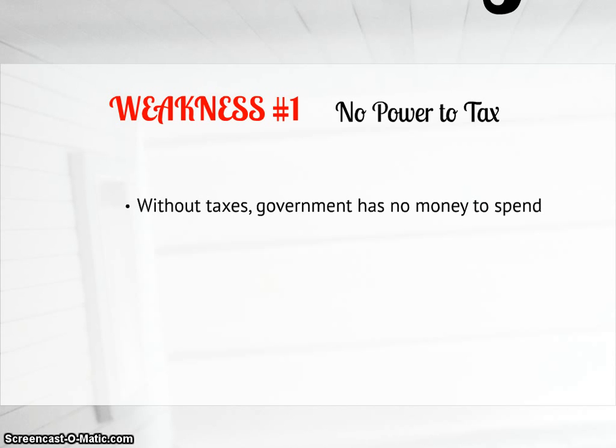The national government could not force the states, though, to hand over that money. So this was a key weakness, as without money, the national government can't spend money. So if they can't tax to get the money, they can't spend the money.